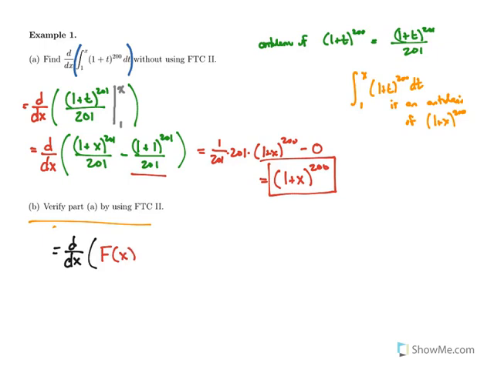Capital F of x is an antiderivative of 1 plus x to the 200. So if you take the derivative of the antiderivative, you should just get the original function back, 1 plus x to the 200. We can do that very quickly with the second part of the fundamental theorem of calculus.